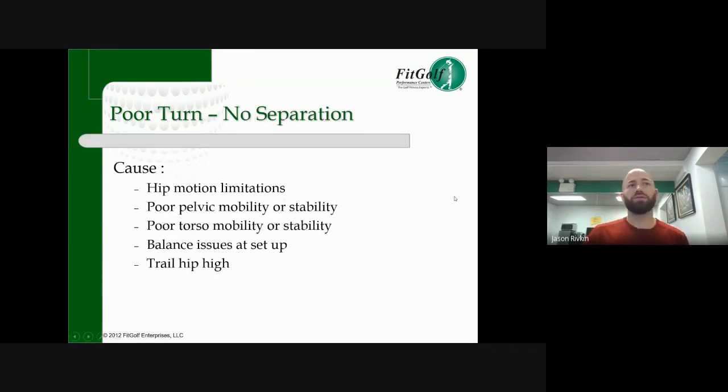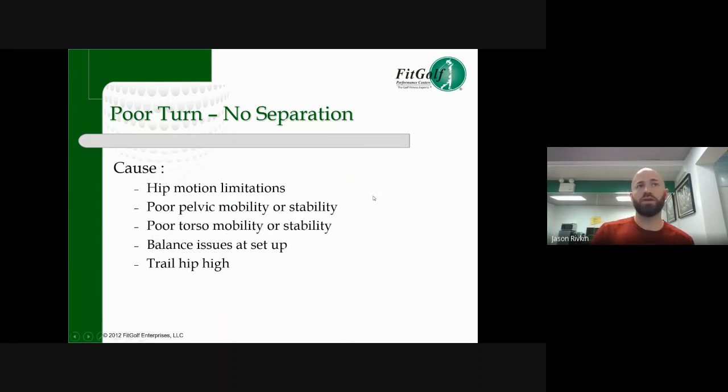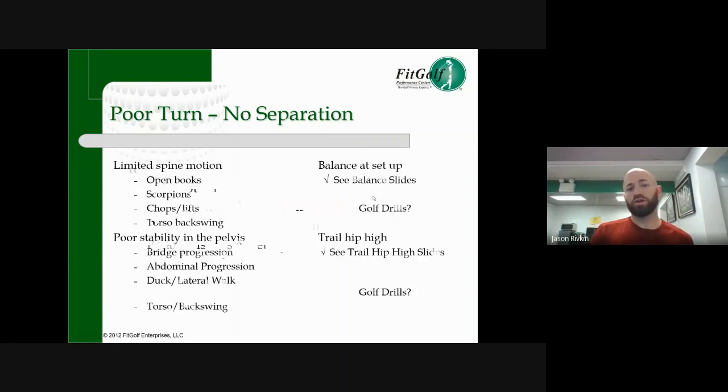Let's get to the next swing fault, poor rotation or poor turn. Poor turn, what we're really talking about is separation of upper body from lower body. So good upper body rotation. Mostly what we're talking about here is going to be more relevant in the backswing.